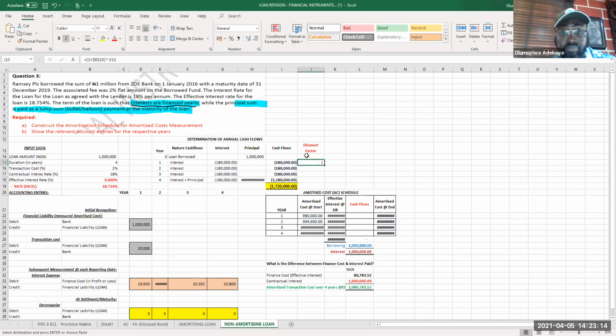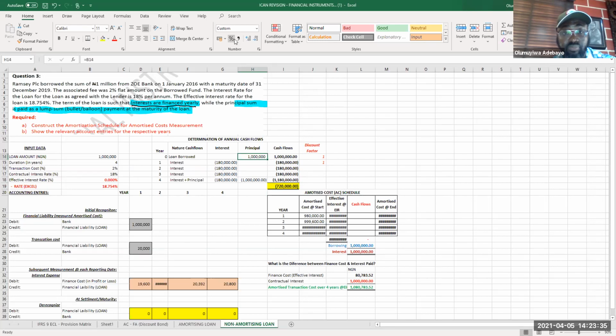Therefore, my discount factor, what's my total cash flow here? 1 million. Okay. When I sum this up, it now gives me my interest. Okay, this is my discount factor, to 4 decimal places.